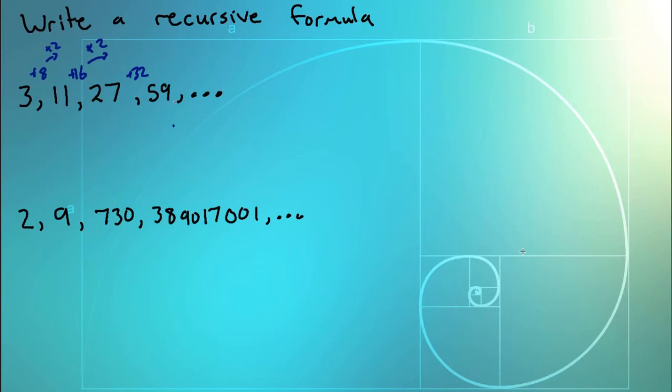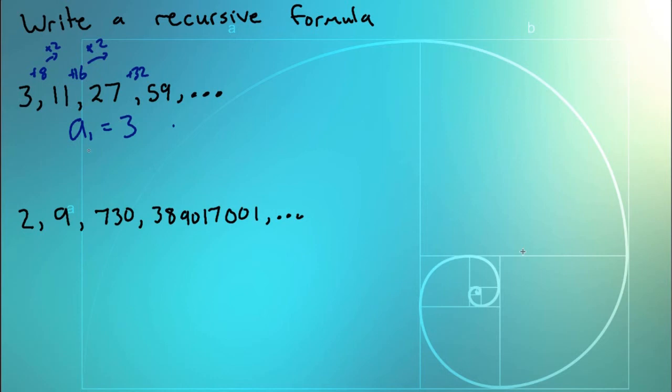So that tells me I'm doing something weird with my terms. So I do start at term 1 being 3. Now let's think, how can we get to 11 from here?